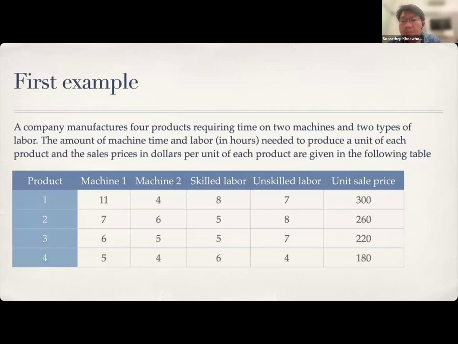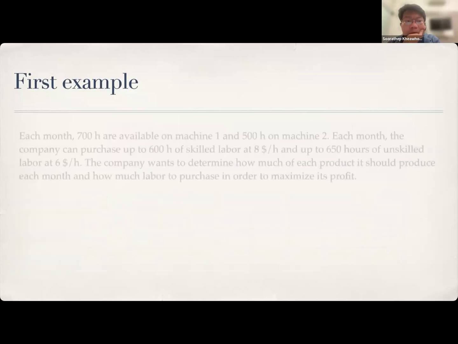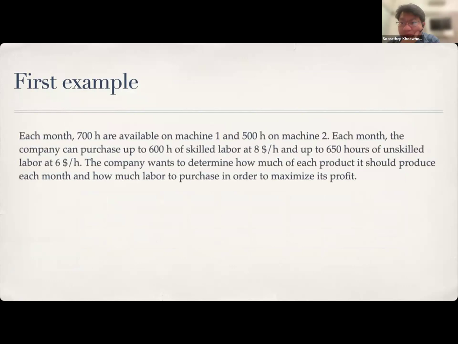I will make 6 groups again, and you work as a group to identify the objective function and also the constraints. Try to do it by yourself. I'll give you maybe 15 minutes.